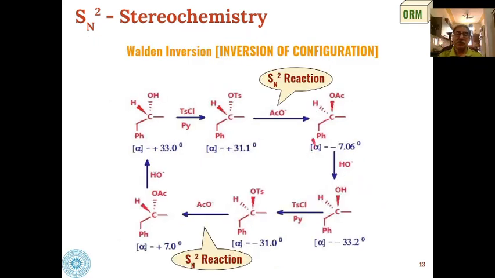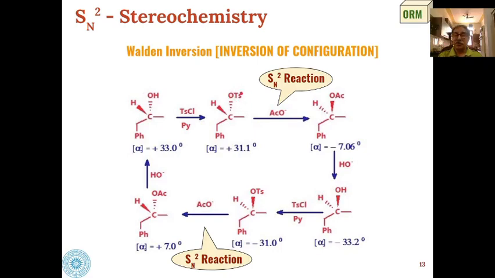Then another example of Walden inversion is that if we start with this alcohol, 2 hydroxy 2 benzylethane, this is optically active, and if we react this with paratoluene sulfonyl chloride in presence of pyridine, then this oxygen hydrogen bond will be replaced by an oxygen tosylate bond.